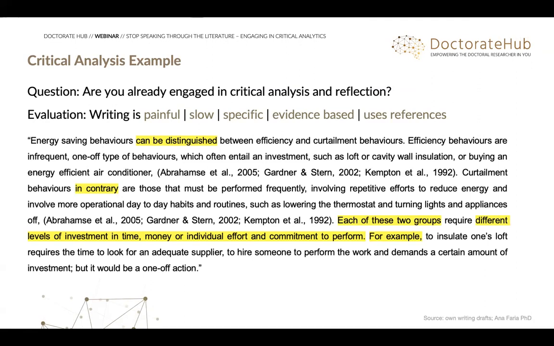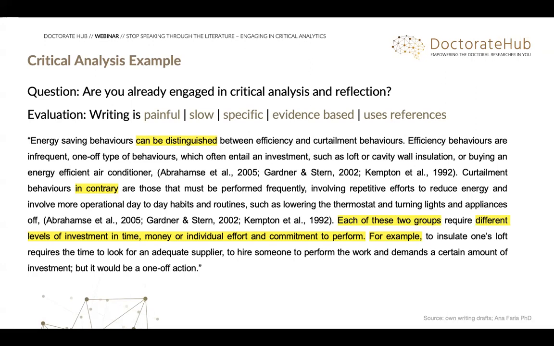Now it goes, energy savings behaviors can be distinguished. So you take here already a distinction between efficiency and curtailment behaviors. Efficiency behaviors are infrequent, one-off types of behaviors which often entail an investment, such as loft or cavity wall insulation or buying an energy efficient air conditioner.